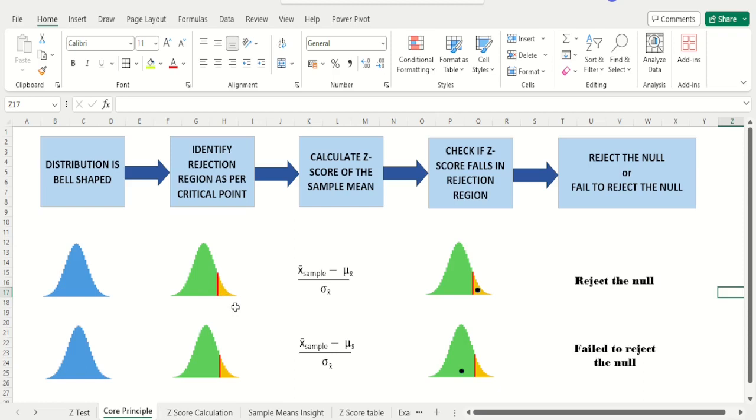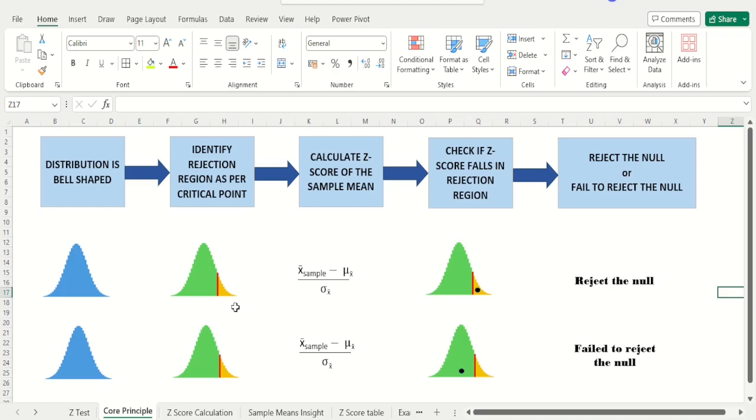So basically, if you select a 1% level of significance, you will notice that your area of rejection is going to shrink. So once you have the critical point, your distribution is split into two parts: the area of rejection and the area of non-rejection, or the area of being unable to reject.